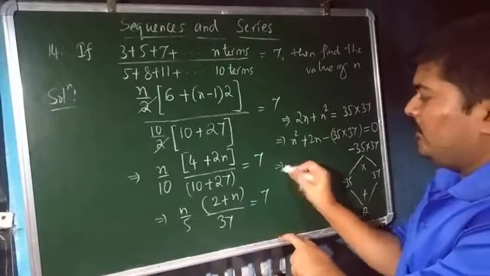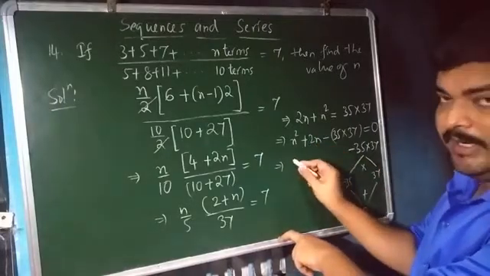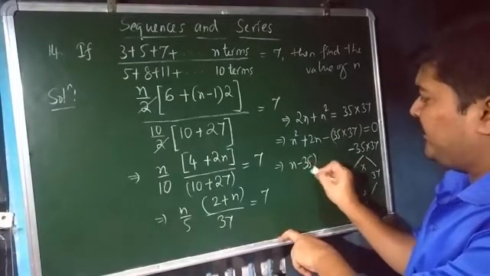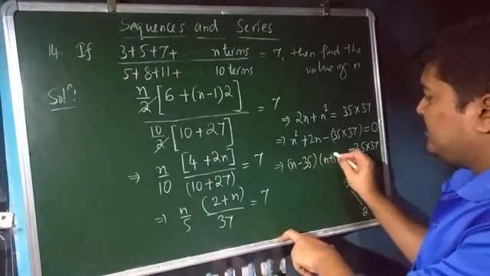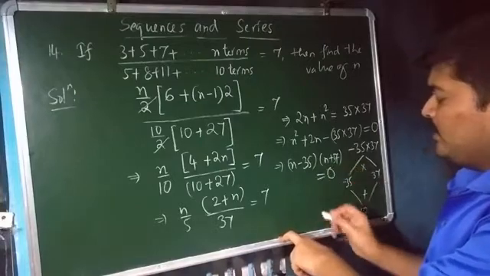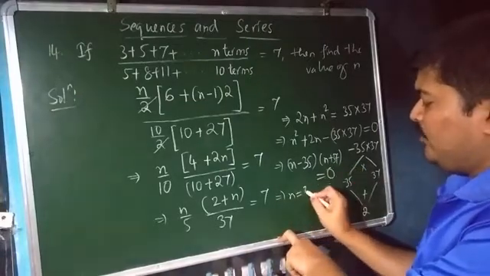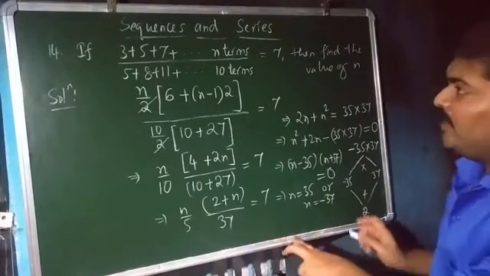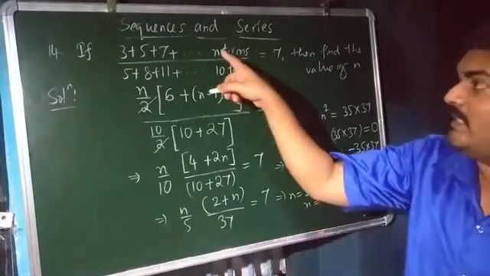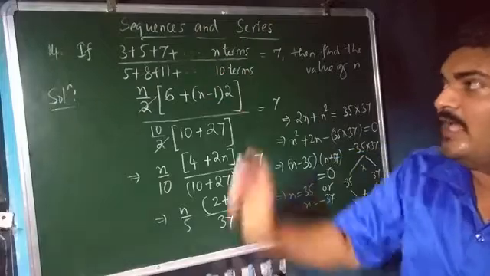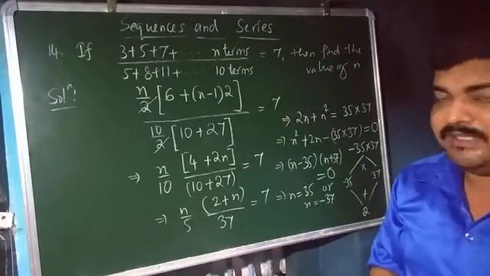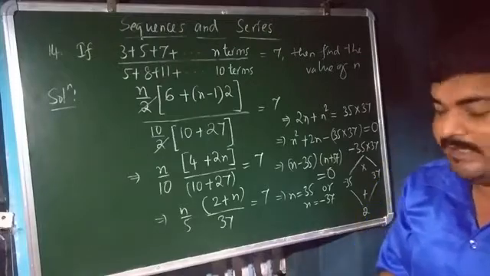Therefore, the factorization of this quadratic equation is (n minus 35) into (n plus 37) equal to 0. Now this implies n is equal to 35 or n is equal to minus 37. But note that n is always a natural number in case of any arithmetic progression or any sequence, as I convinced you in the previous class, isn't it?